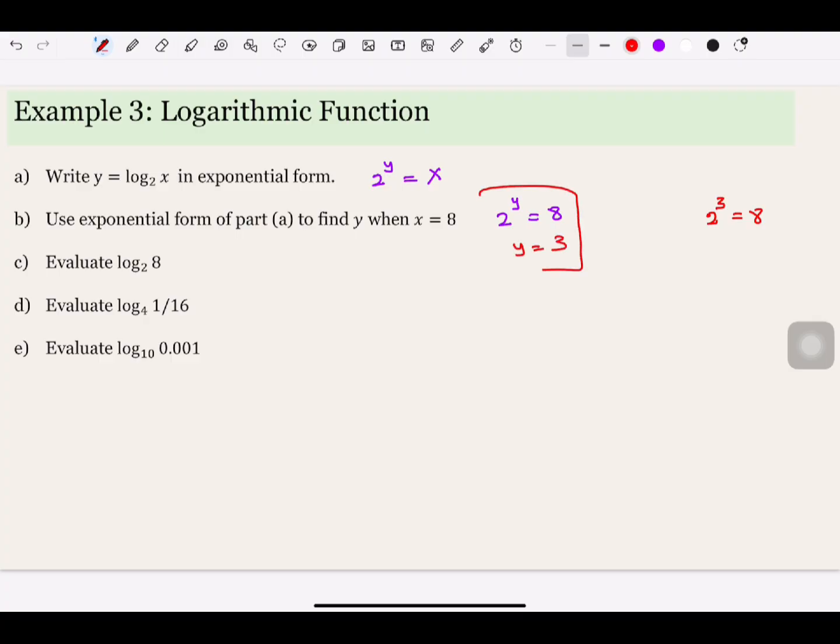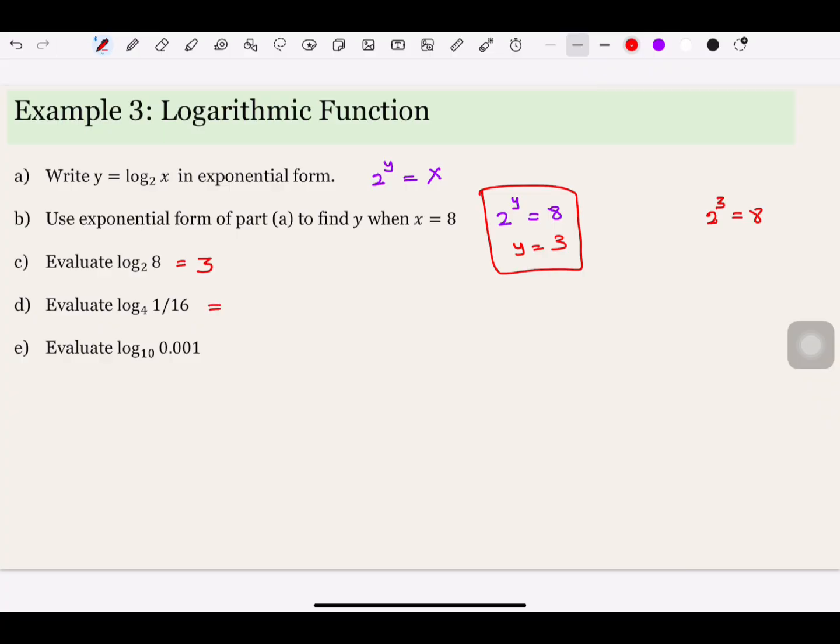This is the answer for the second part. Next, you're asked to get the logarithm of 8 with base 2. By looking at part B, you can answer part C. We know 2 to the power 3 gives you 8, which means the answer is 3, because if you raise 2 to the power 3, you'll get 8.